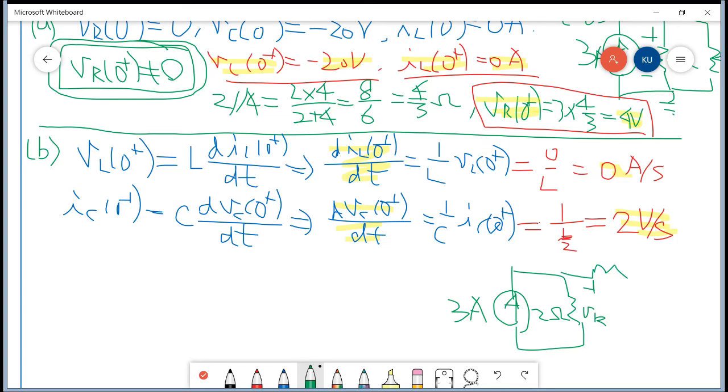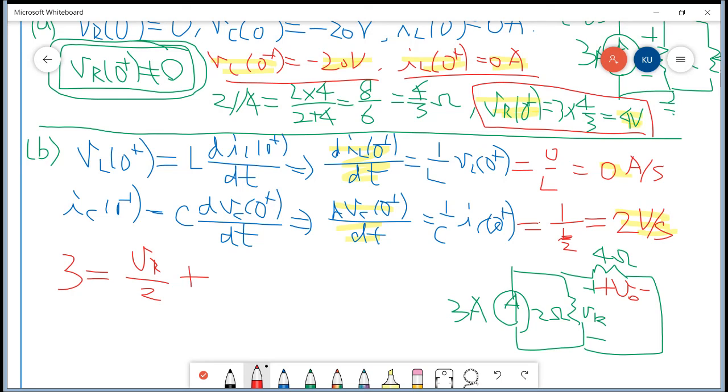So this is 4 ohm like this, and we may call it VO. So in this case, we can write 3 equals VR over 2 plus VO over 4.